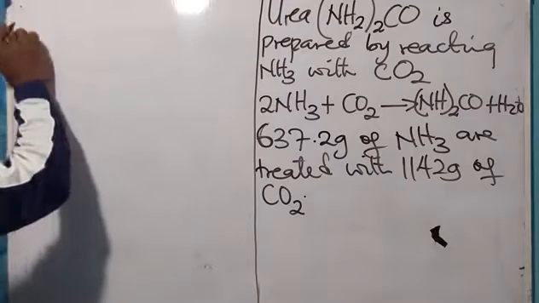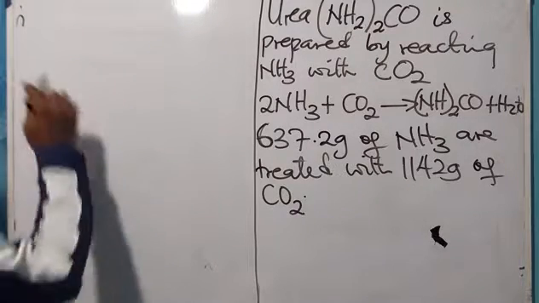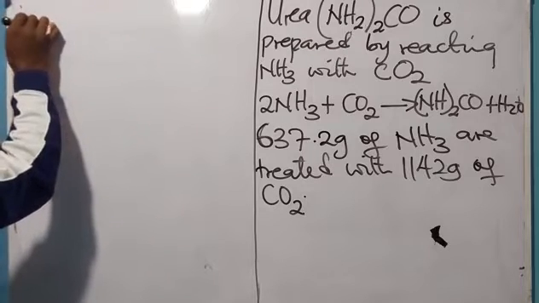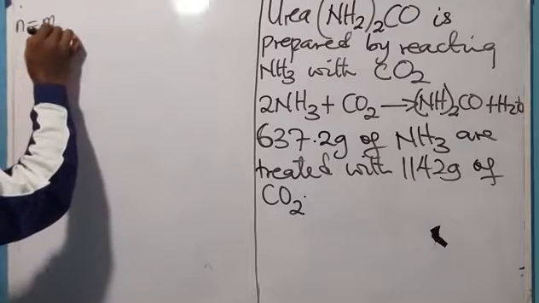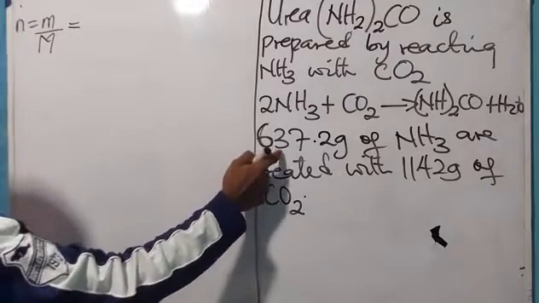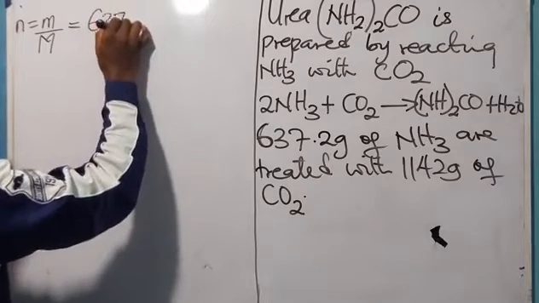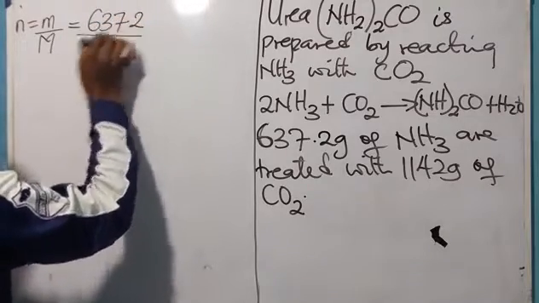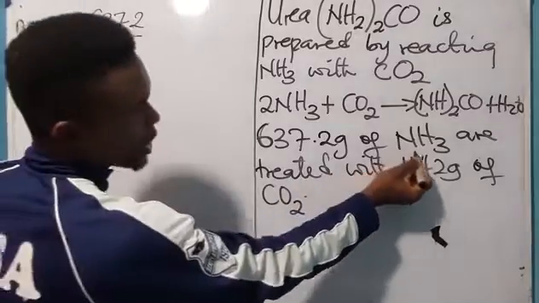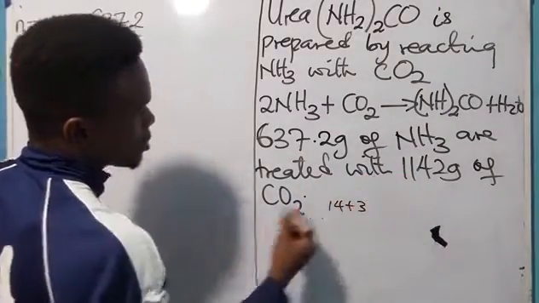As usual, number of moles. Oh, I think I have to change this marker. Number of moles is equals what? Mass over molar mass. The question, they've given us the mass as 637.2 divided by the molar mass of ammonia. N is 14. 14 plus 3 is what? 17.